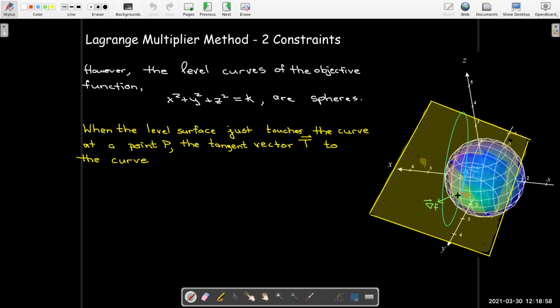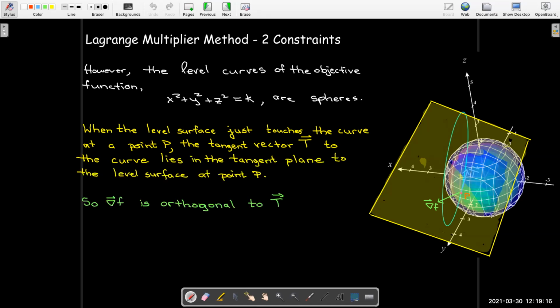So the gradient of f is going to be perpendicular to the tangent vector, and that means that it must lie in the normal plane.